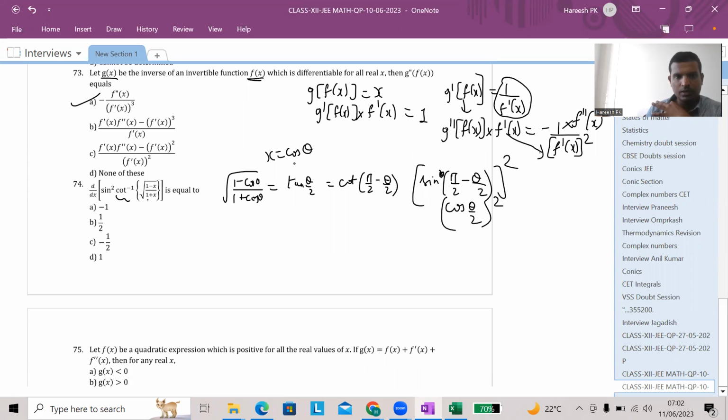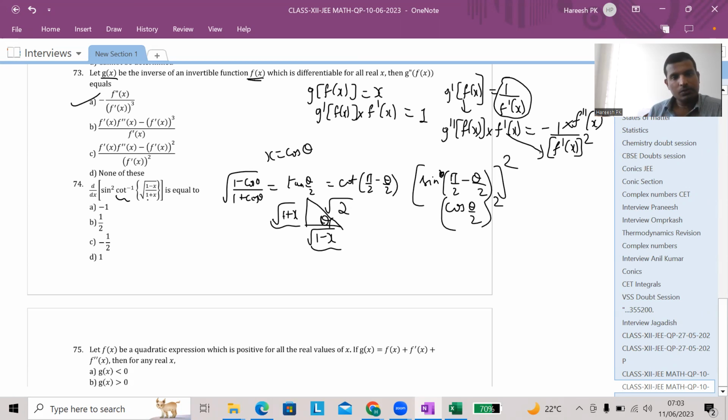Now to differentiate this whole thing, or better, we try to write it in the form of a right angle triangle, which will also be quite easy. Cot inverse, right? Can I write it in terms of sine inverse? I'll call this theta. I'll put this as root 1 minus x and this as root 1 plus x. When I square this and square this, I will end up getting root 2.